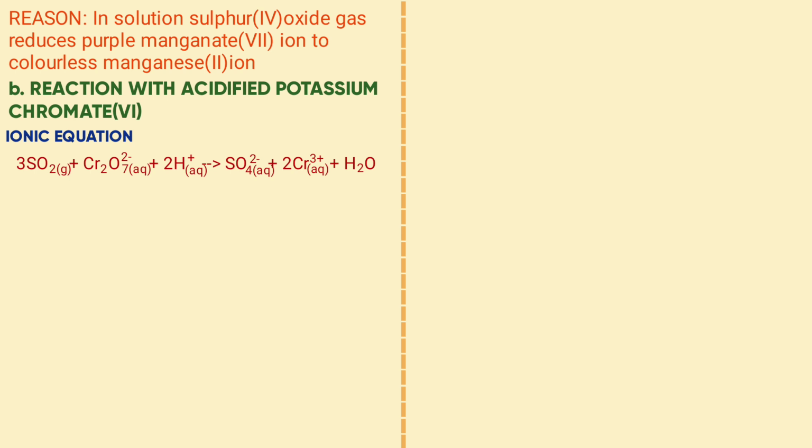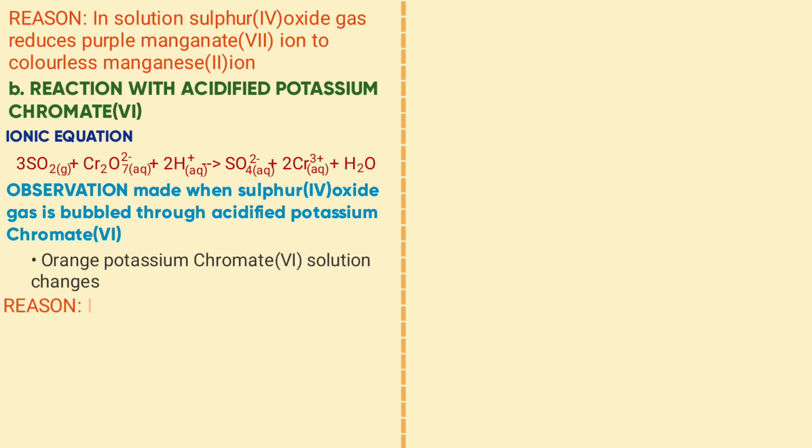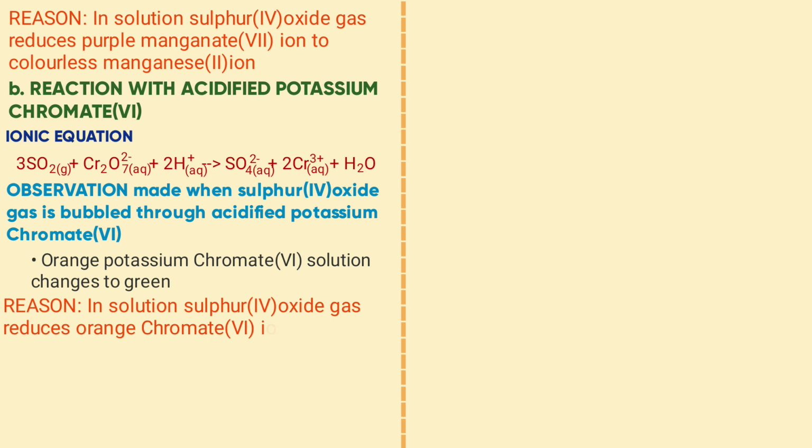Now, the observation made when sulfur dioxide is bubbled through acidified potassium dichromate 6: orange potassium dichromate 6 changes to green. Reason: in solution, sulfur dioxide gas reduces orange dichromate 6 ion to chromium 3 ion, which is green.